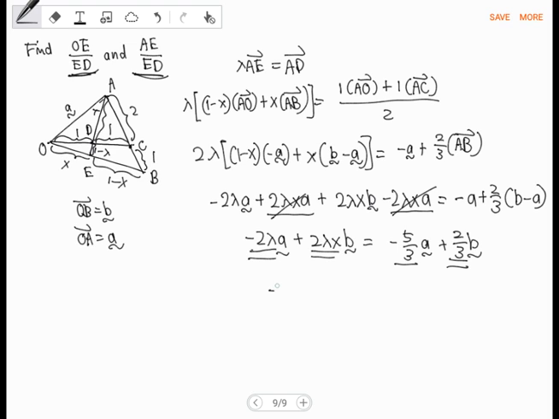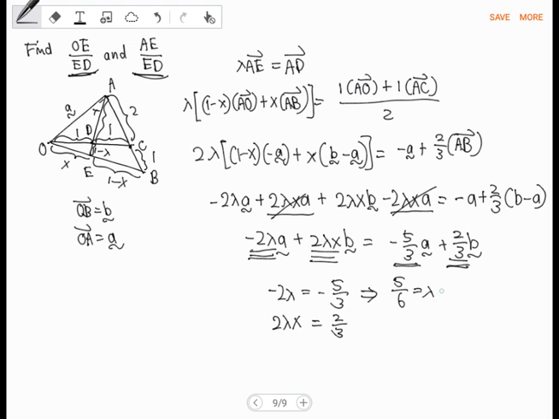This results in minus 2 lambda equals minus 5 over 3, because those are the scalars in front of the vector A. And then we also have 2 lambda x equals 2/3, because those are the scalars in front of the vector B. Based on that, minus 5 over 3 divided by minus 2 gives me 5 over 6, so lambda equals 5 over 6.